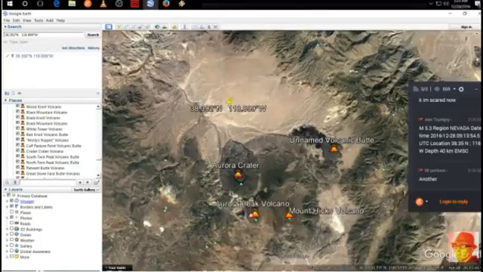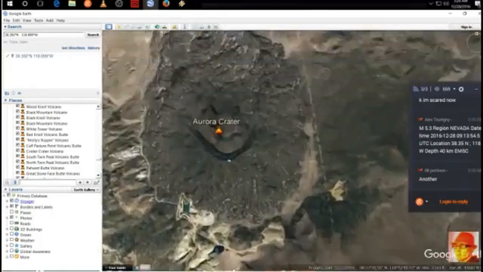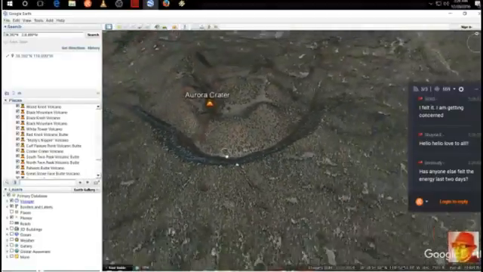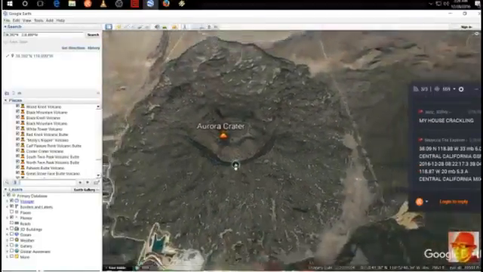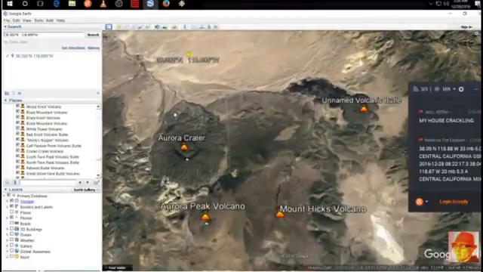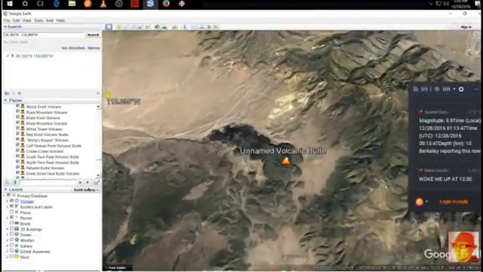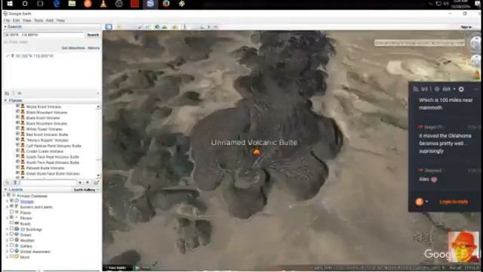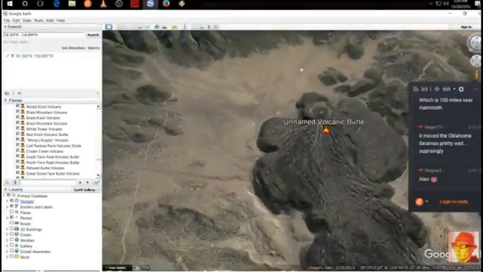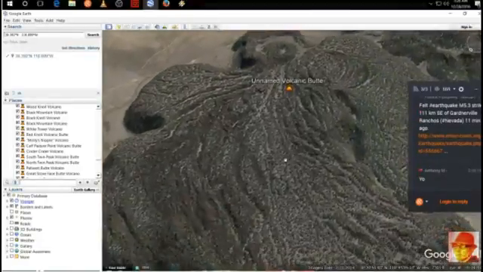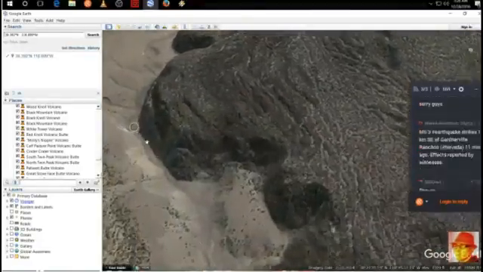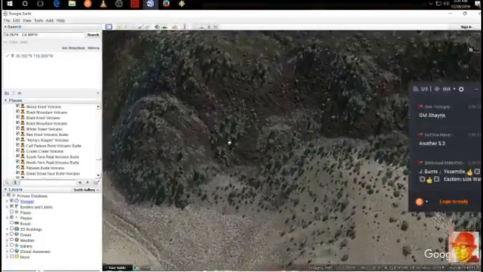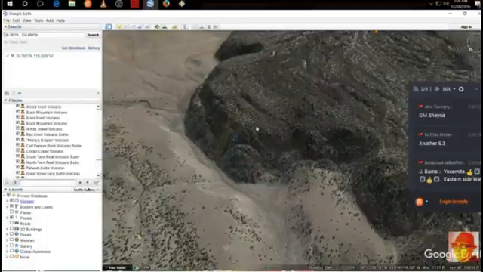Obviously, it's a desert basin, but we are at the base of Aurora Crater, which is an old, ancient volcano, quite frankly. There it is, Aurora Crater. It still has obsidian and lava flows visible around it, and then an unnamed younger volcanic butte. And you'll see this here. That's a cone at the center with a sill that formed on the sides, and when it flowed, it had to be a very chunky, thick, viscous lava, because look at the elevation here.